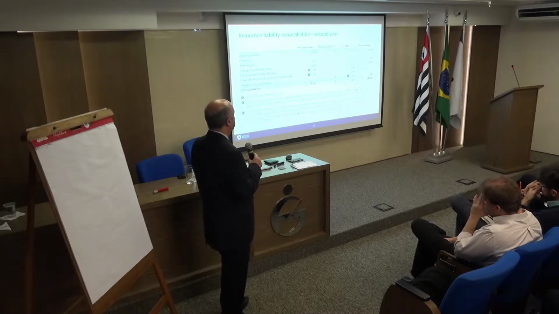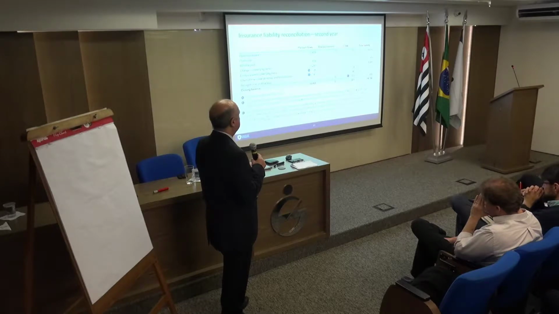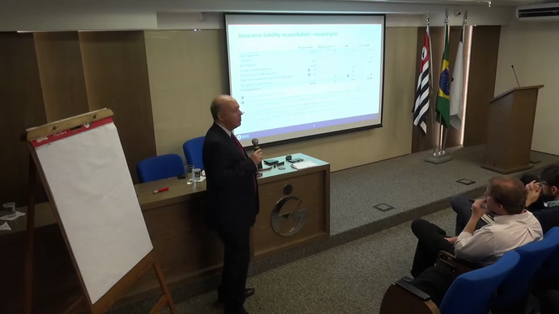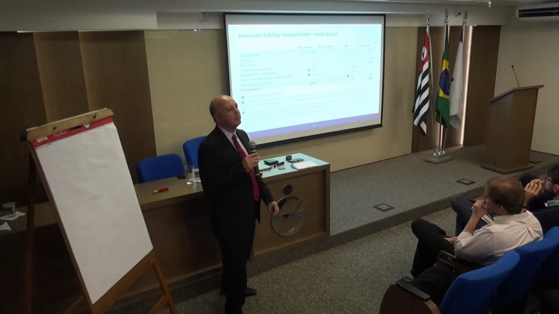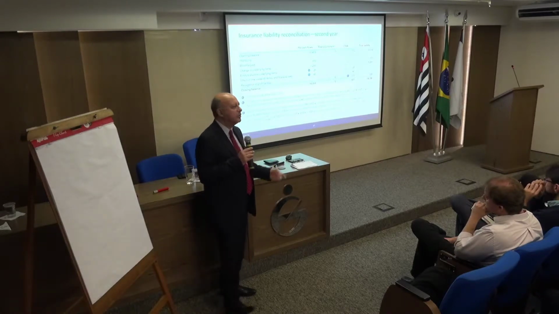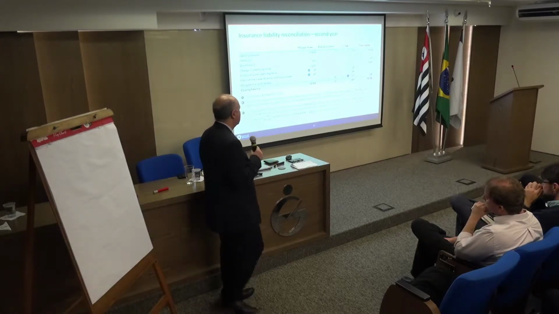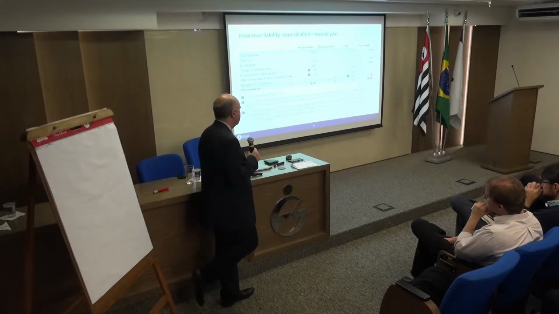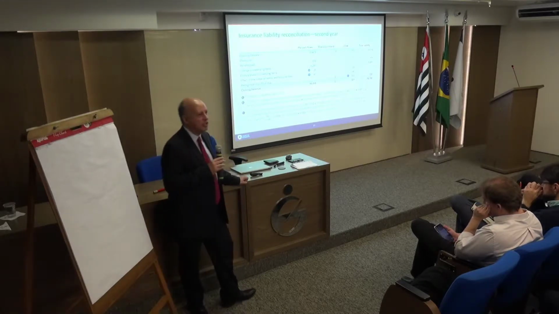So in other words, this 659 is this number plus this number plus this number. Or here, I think we have it here. 592 plus 26 plus 41 is 659 multiplied by the service provided in that particular year. Okay, that's the way it is done. So that's the recognition in profit or loss.